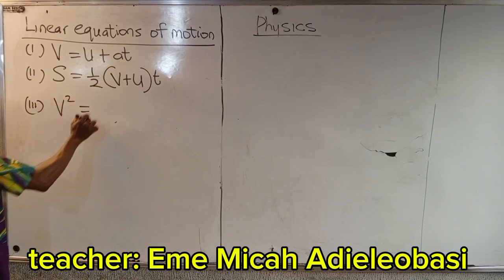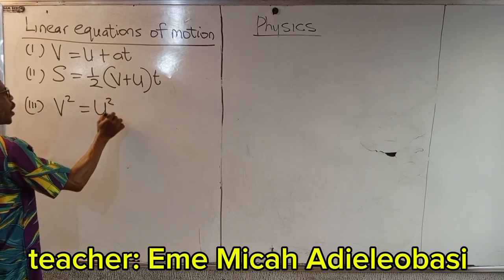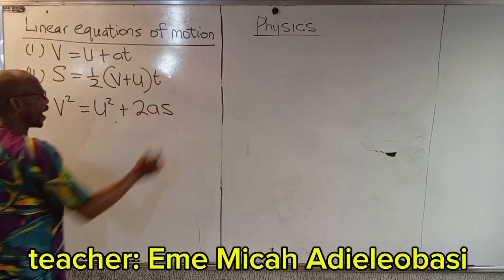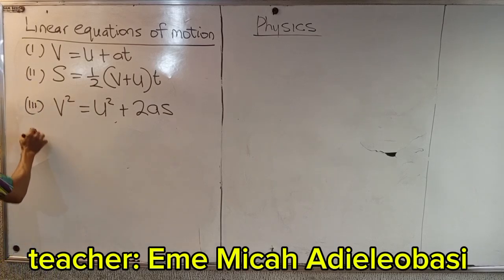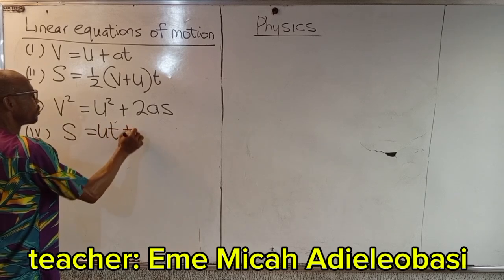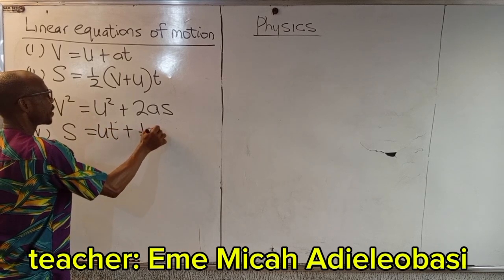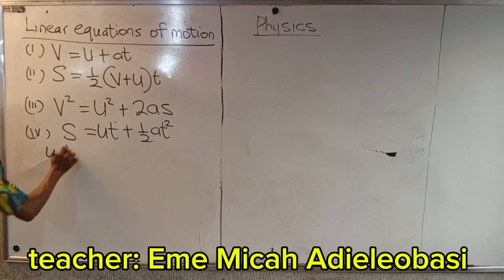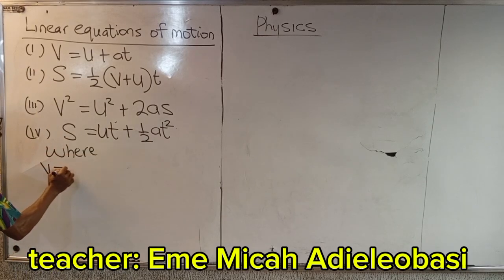V squared is equal to U squared plus 2AX. And the last we are going to take here, X is equal to UT plus half AT squared.